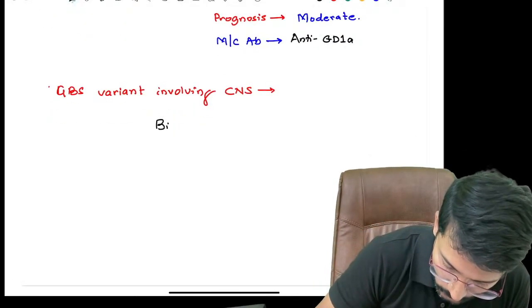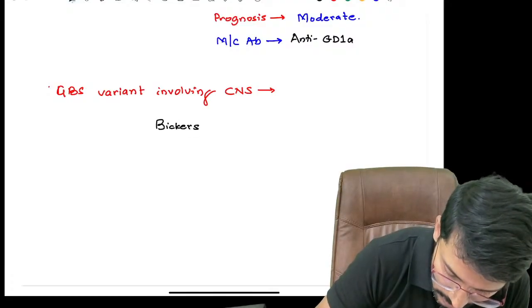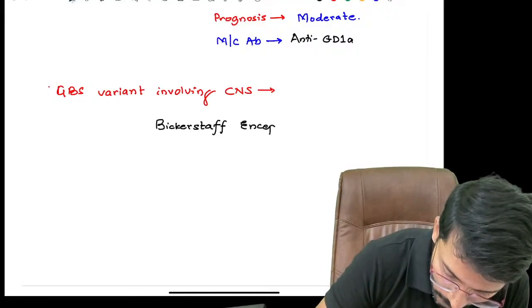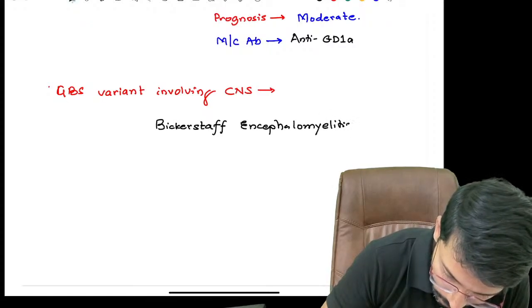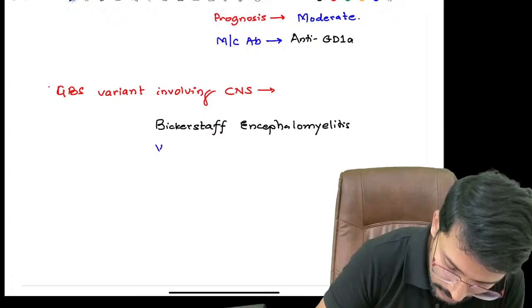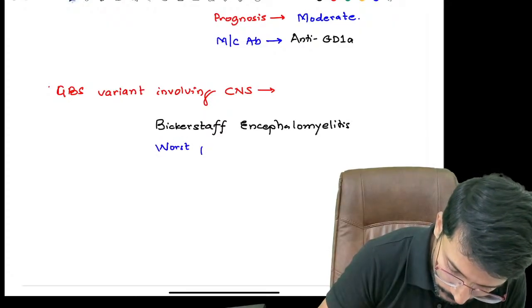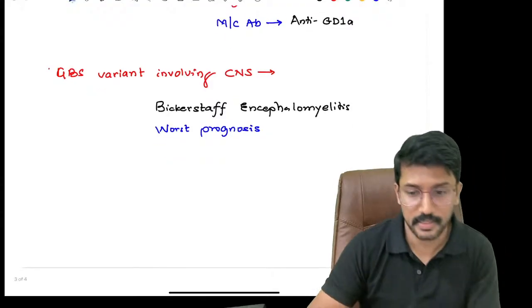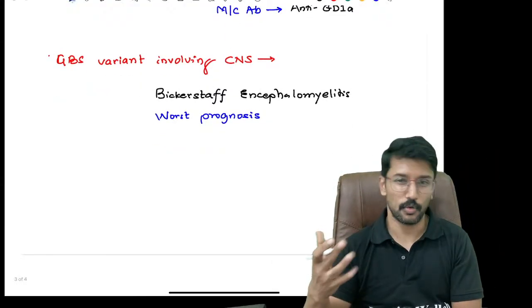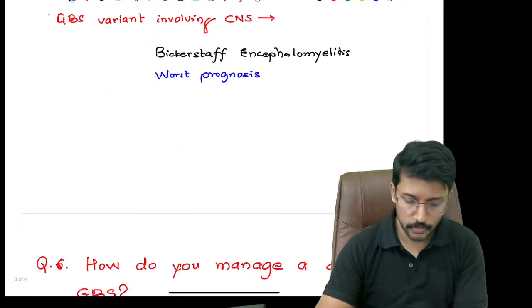This can be an MCQ. The condition is called Bickerstaff encephalomyelitis, and this carries the worst prognosis, because even the central nervous system is getting demyelinated. Patients often become comatose and they can die. So that carries the worst prognosis.